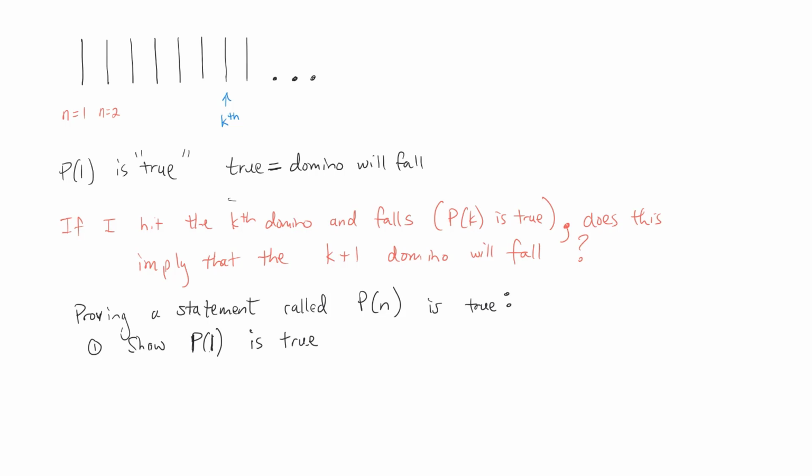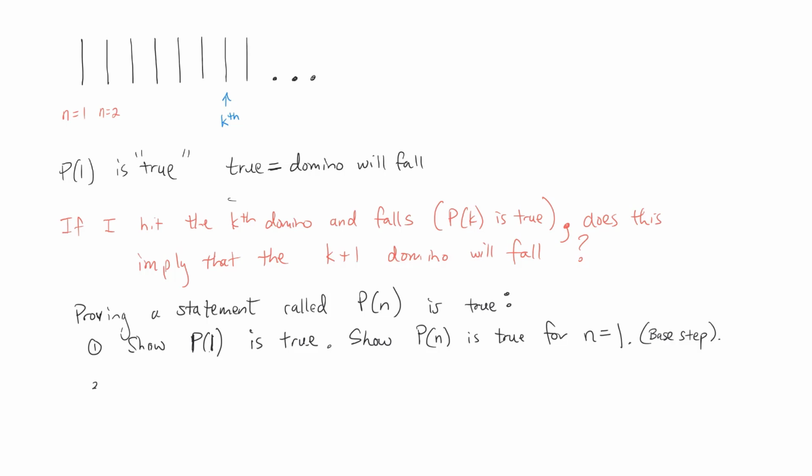This is another way of saying show P of n is true for the very initial step. In other words, for n equals 1. This is sometimes called the base step. In other words, the first domino must be knocked over.